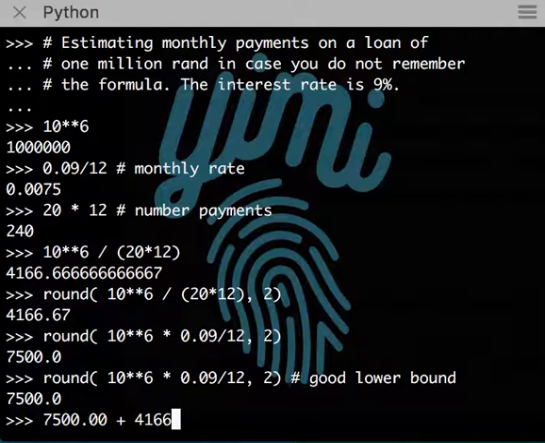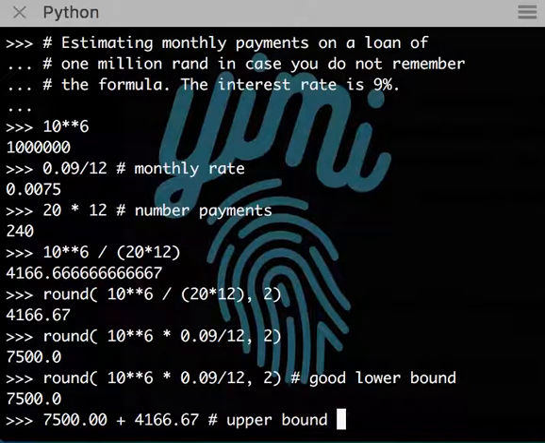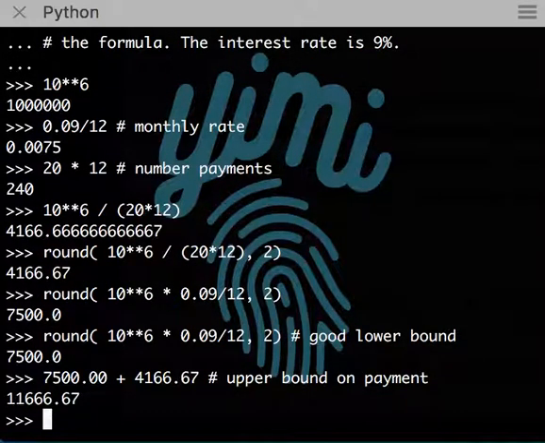So 4166.67 plus 7,500 is an upper bound that follows from what we've done already on the monthly payment.